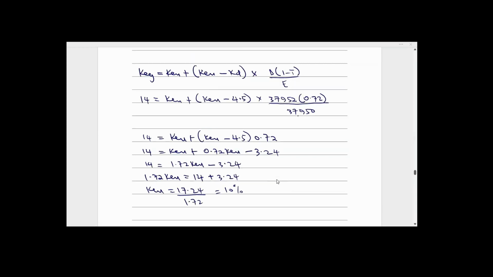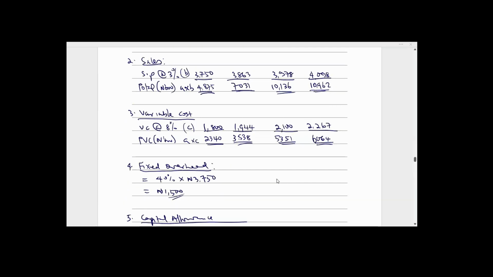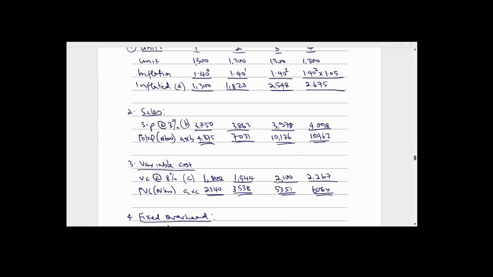Okay, question, talk to me. During the calculation of our sales, I did not really understand what we did on the selling price. We did 3% of what? Your first year selling price is 3,750.